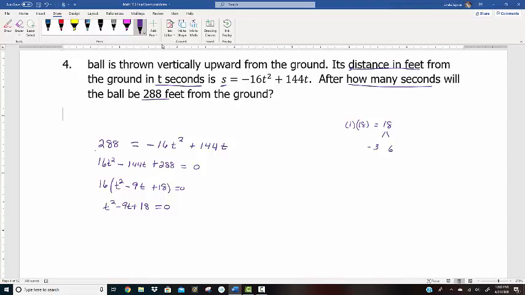Well, if both of these are negative, then that makes sense that they would add up to negative 9. Now, since this just has a 1 in front of it, we know these can become our factors: t minus 3 times t minus 6.